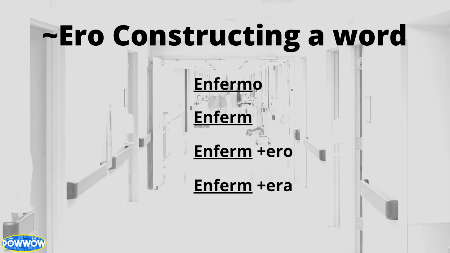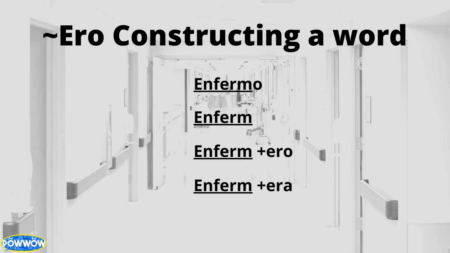Now we're left with our stem, which is enferm. The stem is just the root of a word, but it's not the actual word, because it isn't a complete word until you add a particular letter at the end. Like enfermo is a word. However, if you chop off the o, you just have enferm, which is not an actual word. It's just a stem.